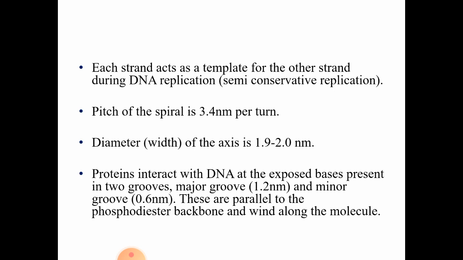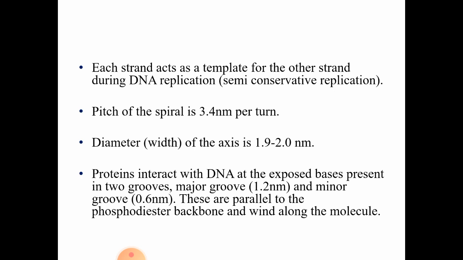Next, the pitch of the spiral is 3.4 nanometers per turn. As we said, the adjacent bases are 0.34 nanometers apart and there are 10 bases in each spiral. Therefore, the pitch is 3.4 nanometers per turn.